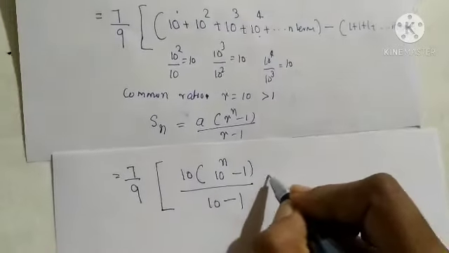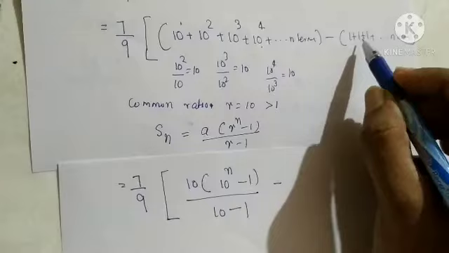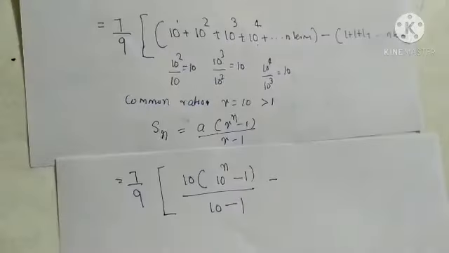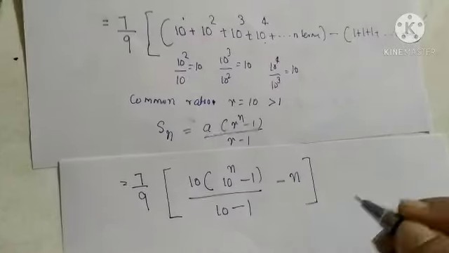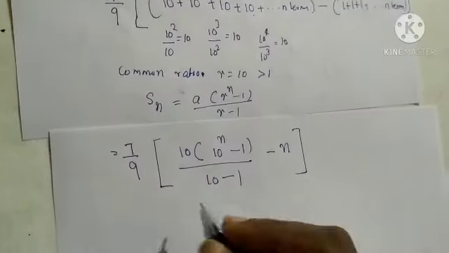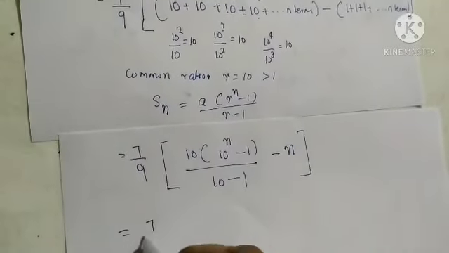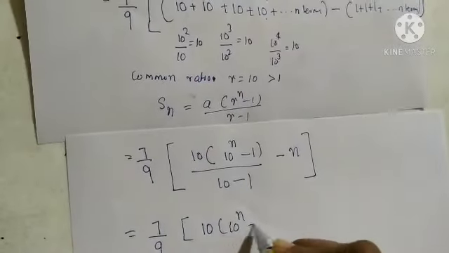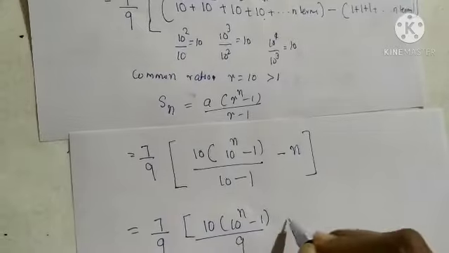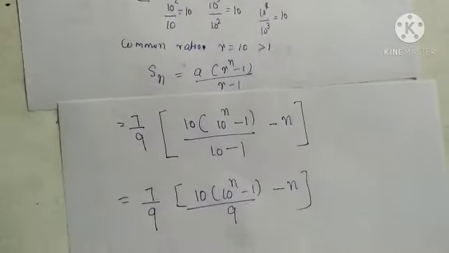Okay, minus of 1 plus 1 plus 1 up to n terms means n here, right? And finally we get 7 by 9 into 10 raised to n minus 1 by 9 minus n.